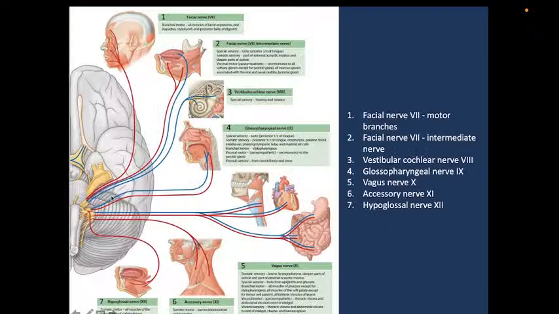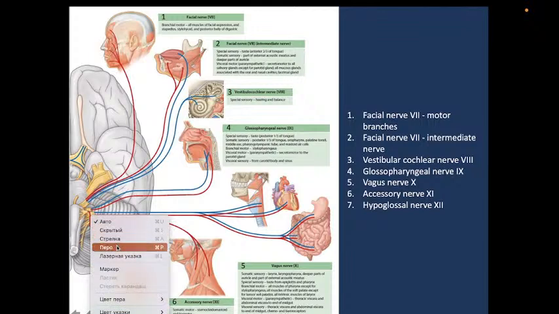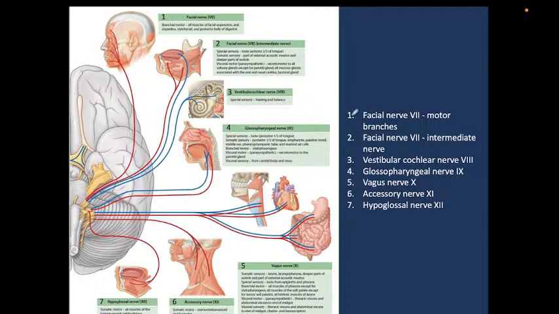And let me remind you that the 7th cranial nerve we call the facial nerve. Yes. Then here you see 2 parts of the facial nerve: the facial nerve and the additional nerve. Sometimes we call this nerve the intermediate nerve.